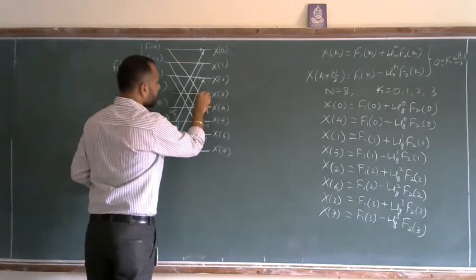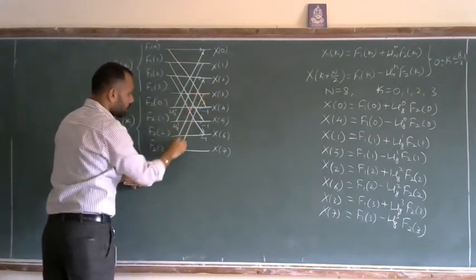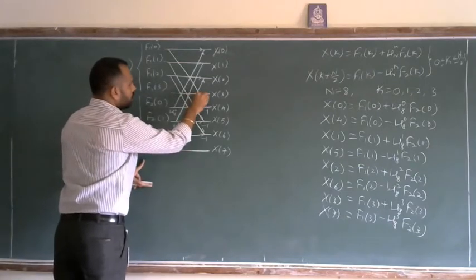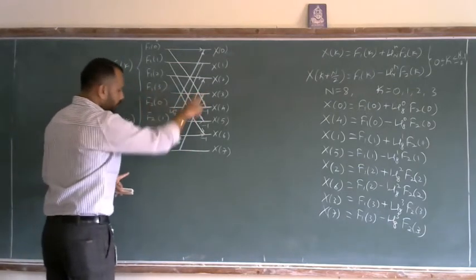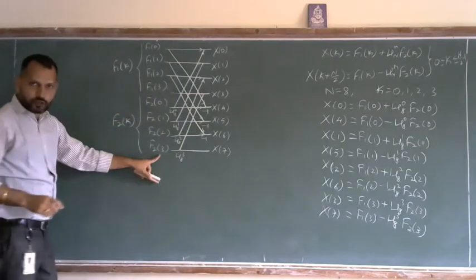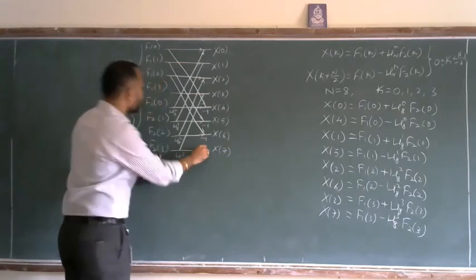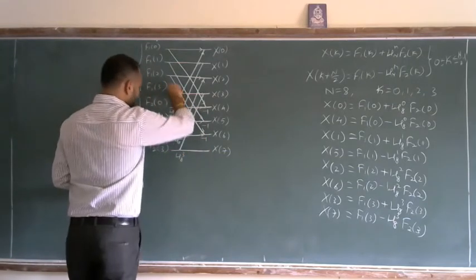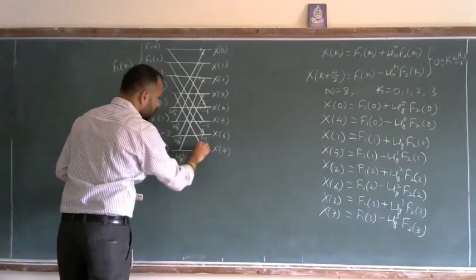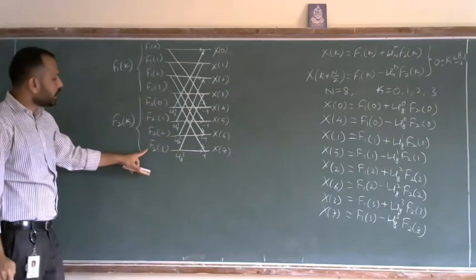And the last points: X of 3 will be f1 of 3 plus w8 3 multiplied by f2 of 3, and the last point, X of 7, will be f1 of 3 minus w8 3 multiplied by f2 of 3.